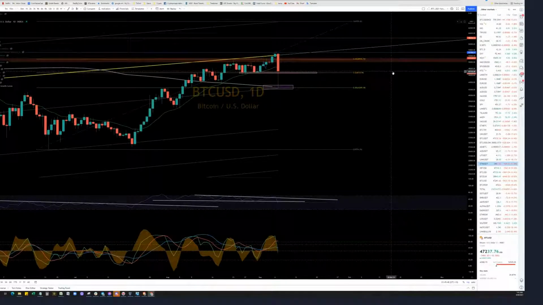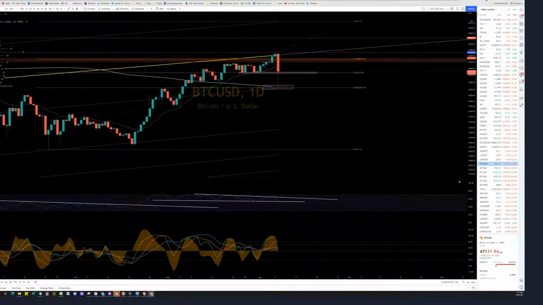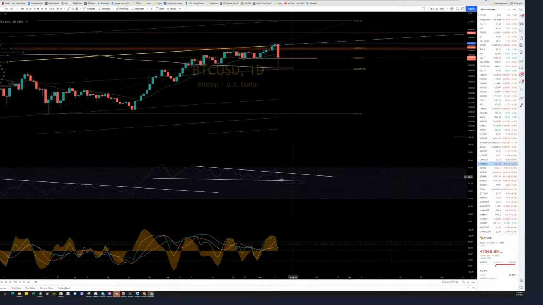Things could change. The problem is, we are being reactive. These indicators don't finish until the candle's closed. So even though I've got this RSI, this RSI's last component is based on that candle. So this could easily flick back up, and then this white line could be support.